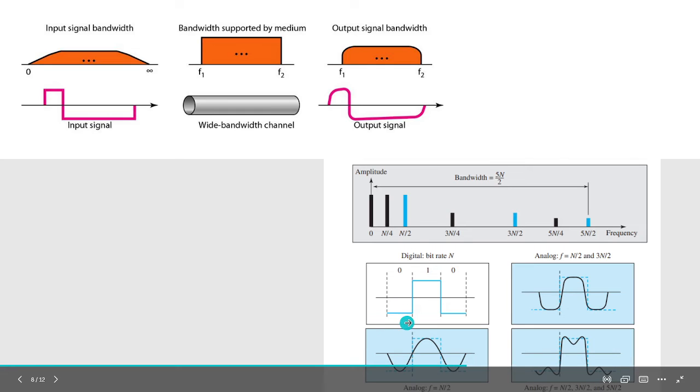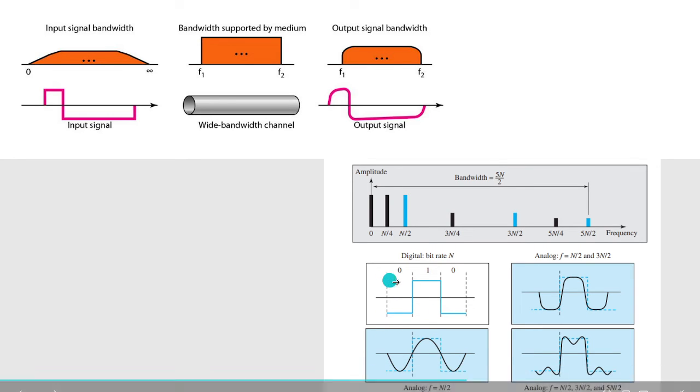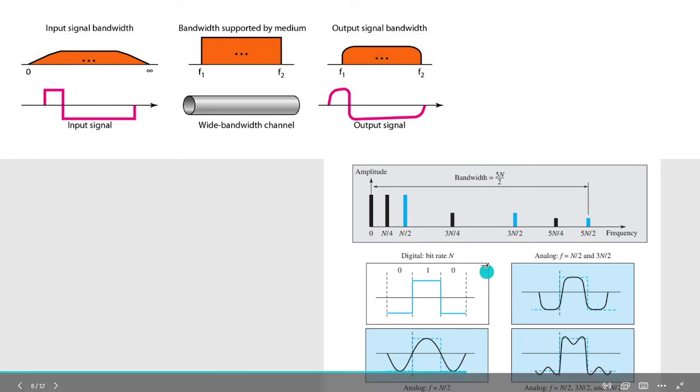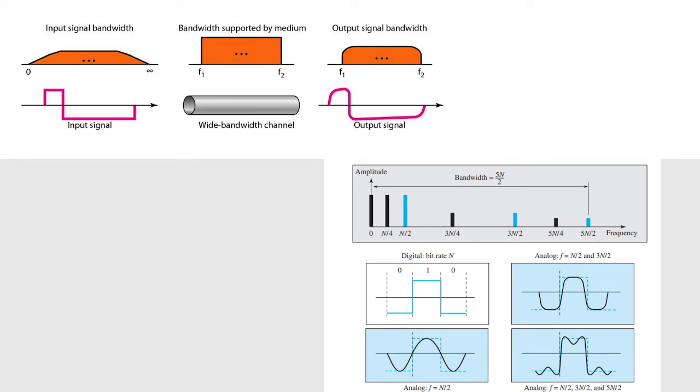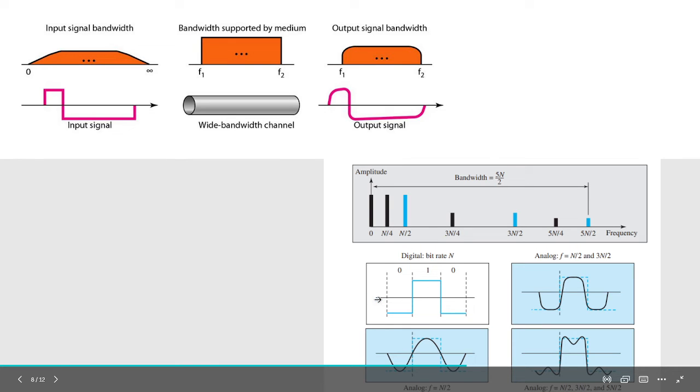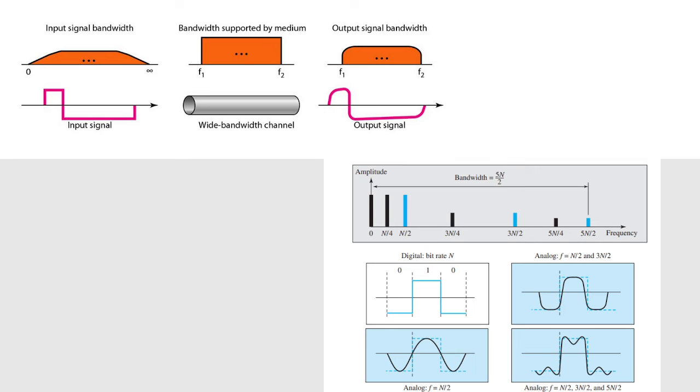As we are transmitting this digital signal in the form of 0 1 0, and after this we again have 0 1 0, then 0 1 0, we are taking only some part of the full digital signal, 0 1 0, and we get an analog signal for the transmission, because in a narrow bandwidth, if the bandwidth of the channel is less than the input signal, we are not able to transmit the full digital signal.